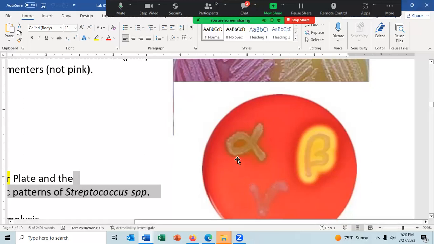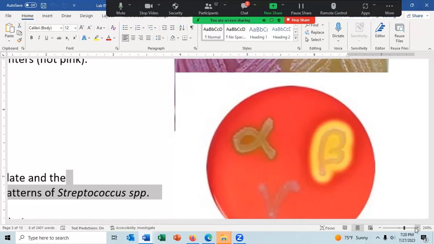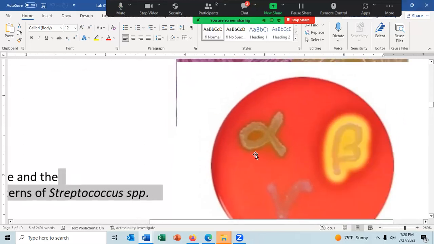On this one, the bacteria is off-white in color, and the blood is red. And you'll notice as we're coming up to the bacteria, we have a darkening, which is in a thin ring around the cells. The cells are off-white. The dark area is partially lysed blood, and then the unlysed blood is red.